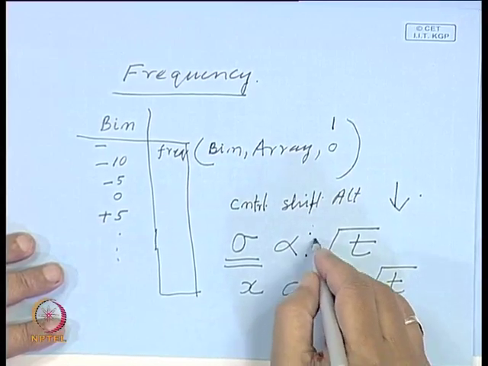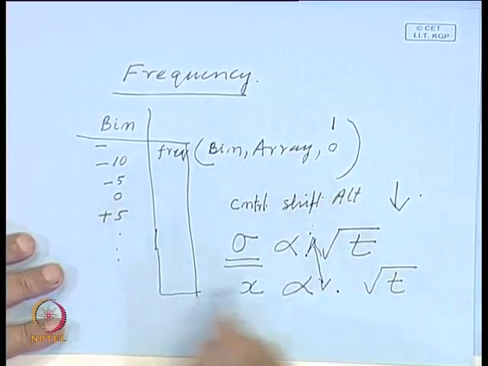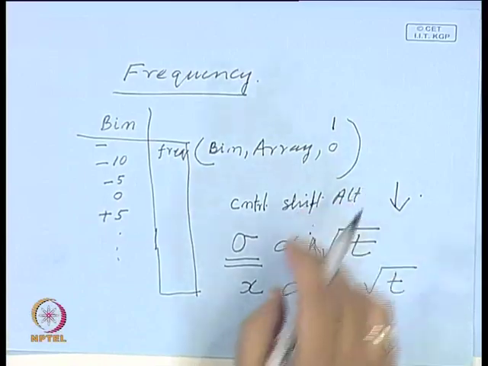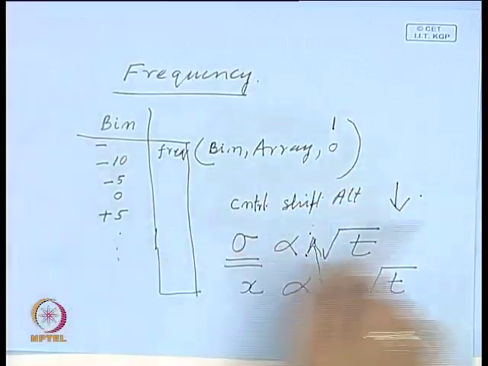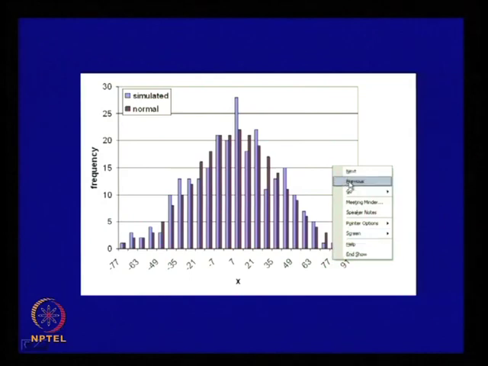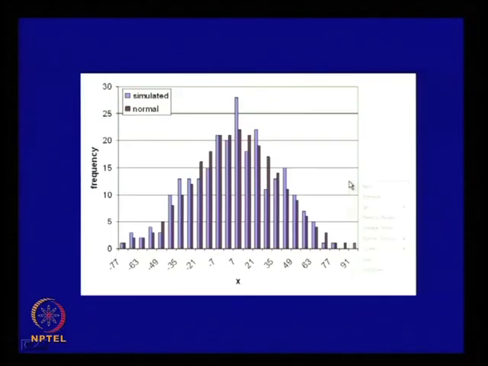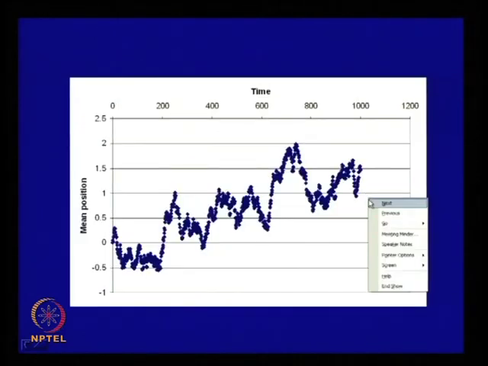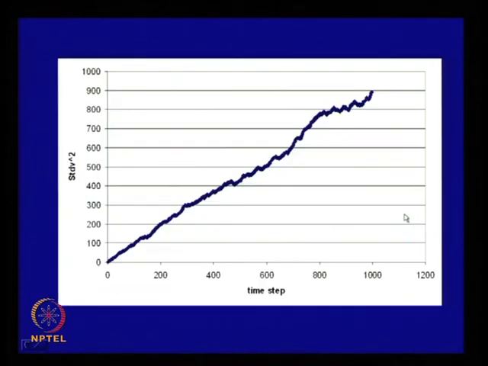So, these two proportionality constants have a relationship. So, basically both will be identical. So, what it means, if you go back, this slope actually gives you a measure of diffusivity.